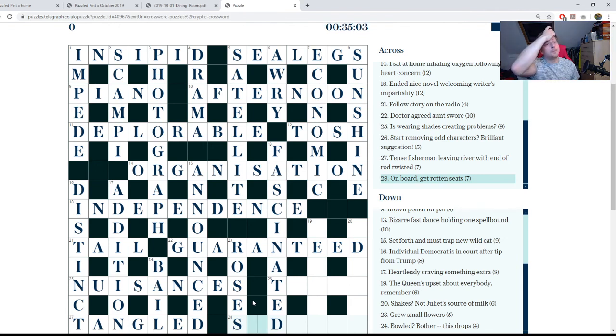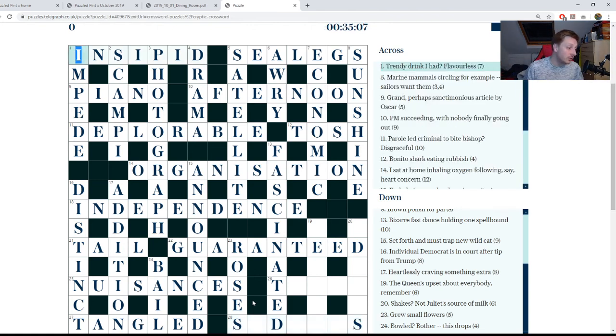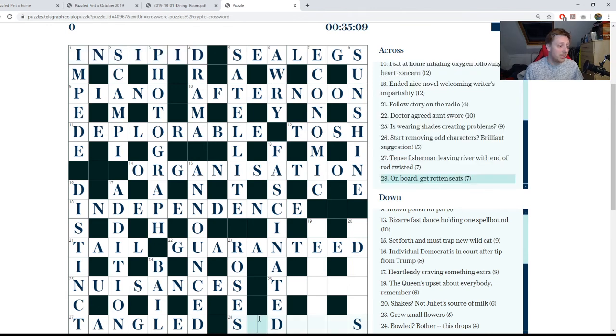So SS gets rotten. So it's a 5-letter word meaning rotten here, and the answer means seats. But I cannot think what rotten might be. Sedans is one too short. Yeah, I keep thinking sedates, but it can't be that.